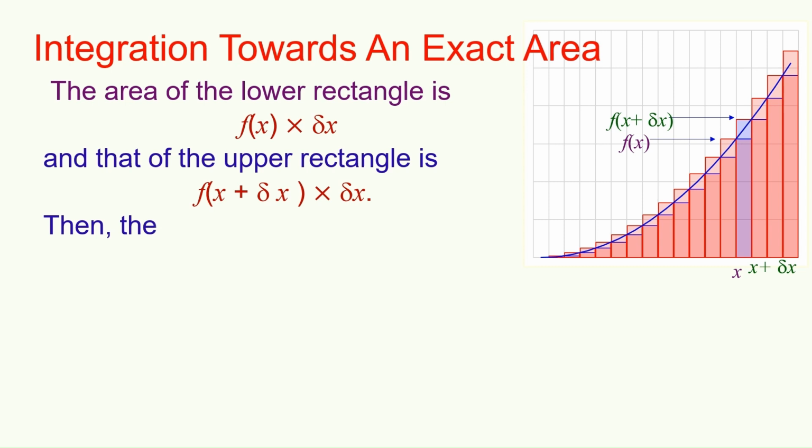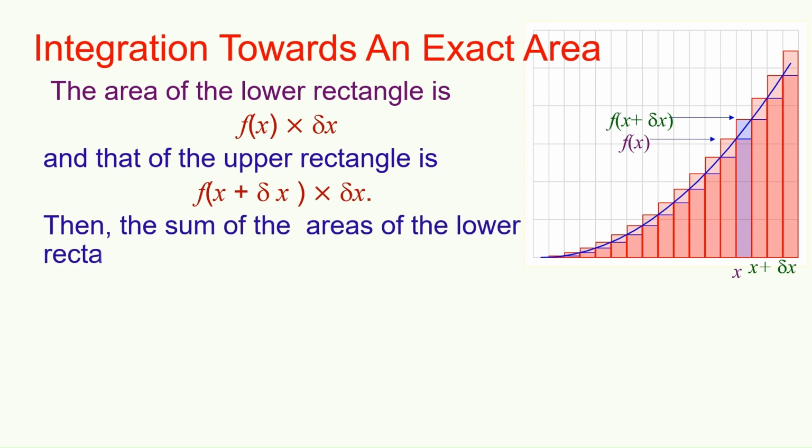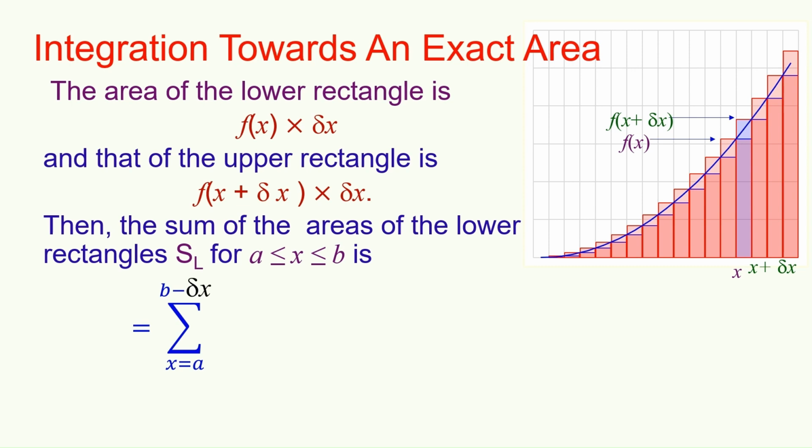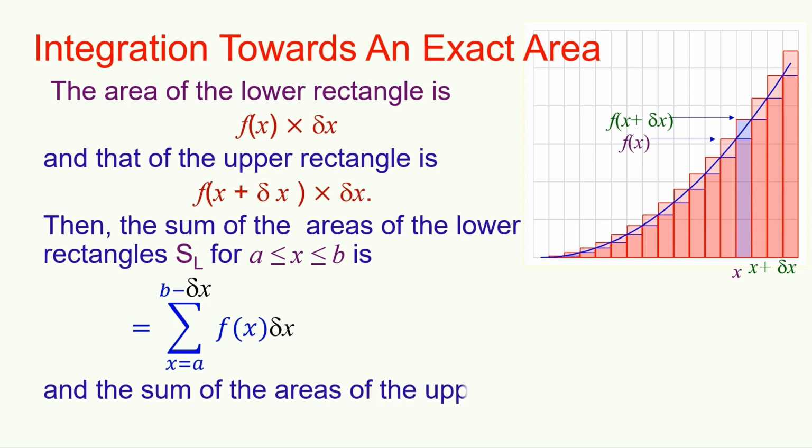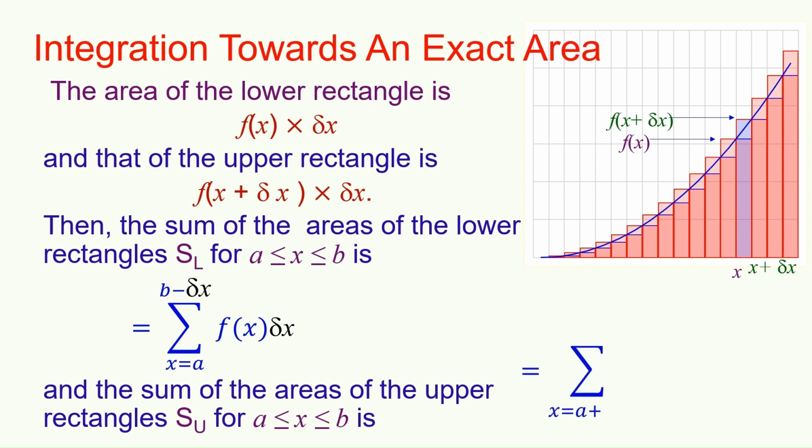Then, the sum of the areas of the lower rectangles SL for a less than or equal to x less than or equal to b is sigma sum over from x equals a to x equals b minus delta x f(x) delta x. The sum of the areas of the upper rectangles SU is sigma sum over from x equals a plus delta x to x equals b f(x plus delta x) delta x.